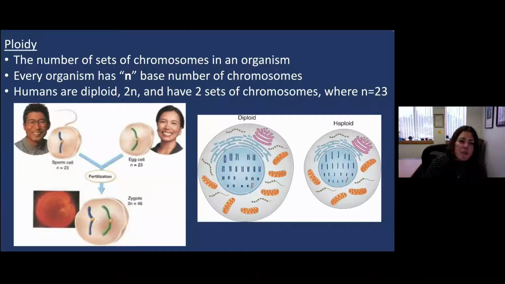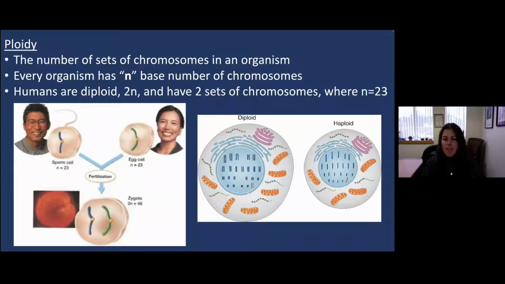In humans, for example, we are diploid organisms because we have 2 sets of chromosomes, and a set contains 23 chromosomes. When a new individual is created, 1 set of 23 chromosomes comes from the father, and 1 set of 23 chromosomes comes from the mother. They fuse for the offspring to have a total of 46 chromosomes.